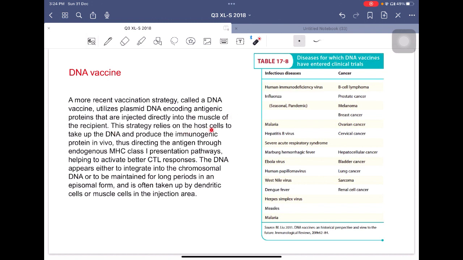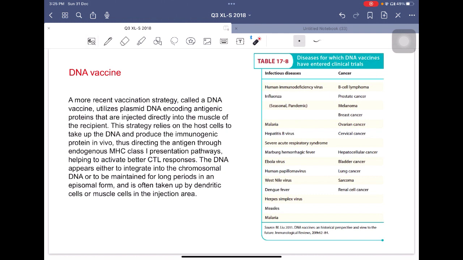This strategy relies on the host cell to take up the DNA and produce the immunogenic protein in vivo. So this DNA will be taken up by the host cell and it will produce the immunogenic protein. And therefore, what will happen? These proteins will be produced inside the cells, so it will direct the antigen through the endogenous MHC class 1 presentation pathway.